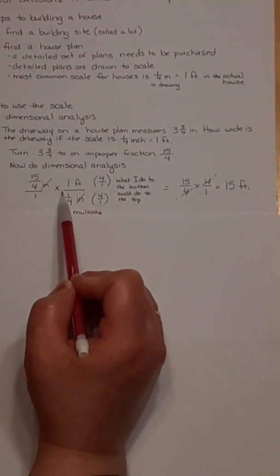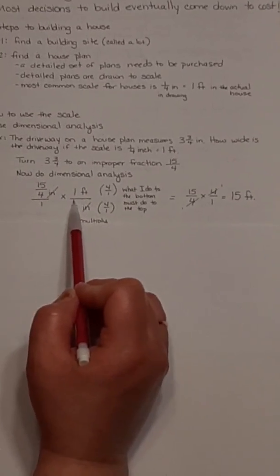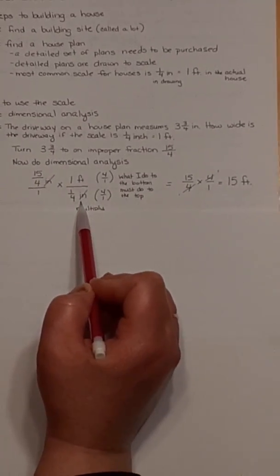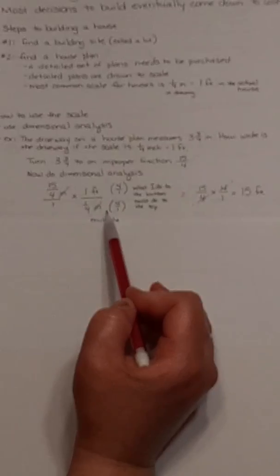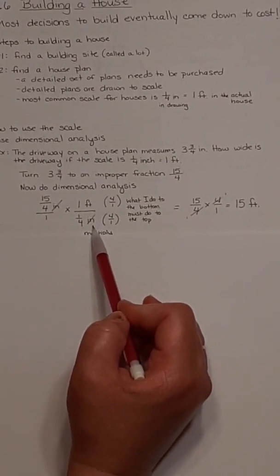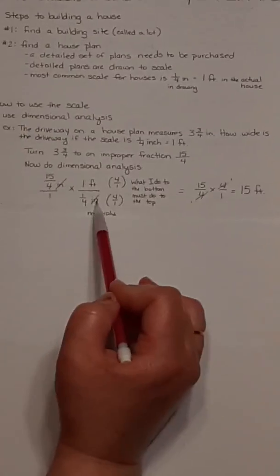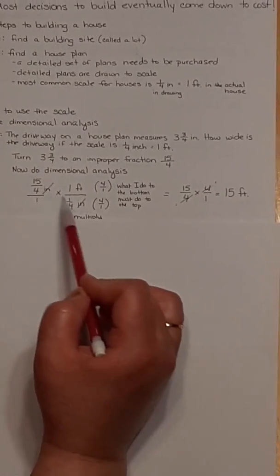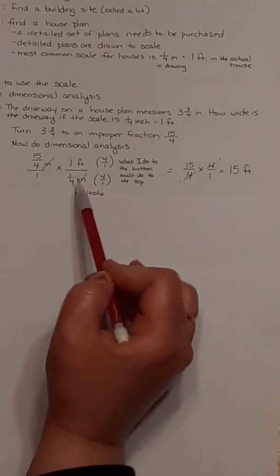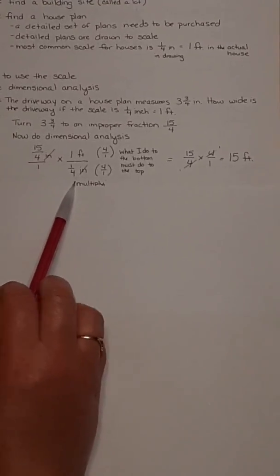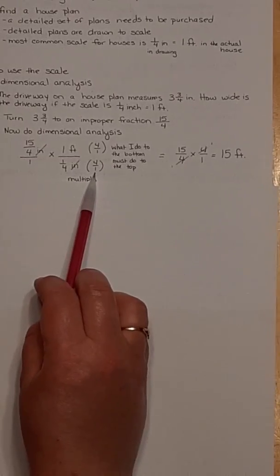Dimensional analysis uses the multiplication of another ratio that equals 1, and that ratio is 1/4 inch equals a foot. Now I know the 1/4 of an inch has to go in the denominator because remember, I need my units to cancel each other out. I can't have that fraction in the denominator, so I'm going to eliminate it by multiplying by the reciprocal.